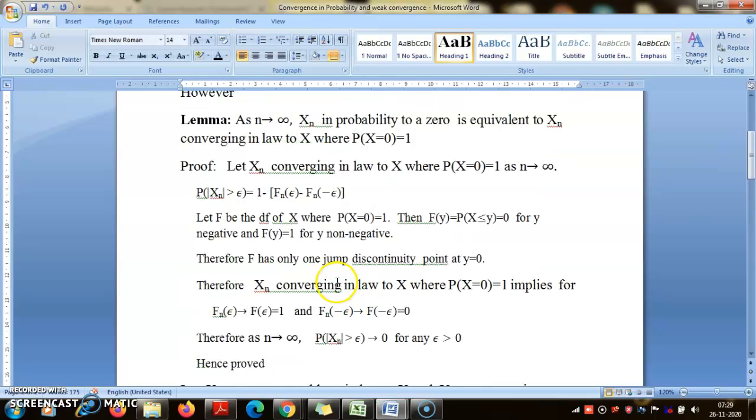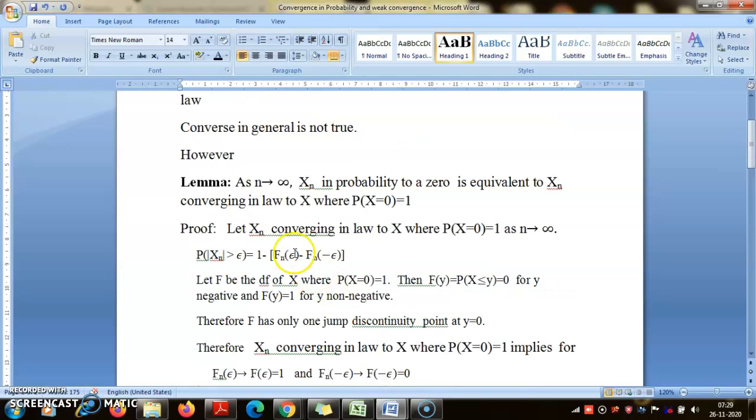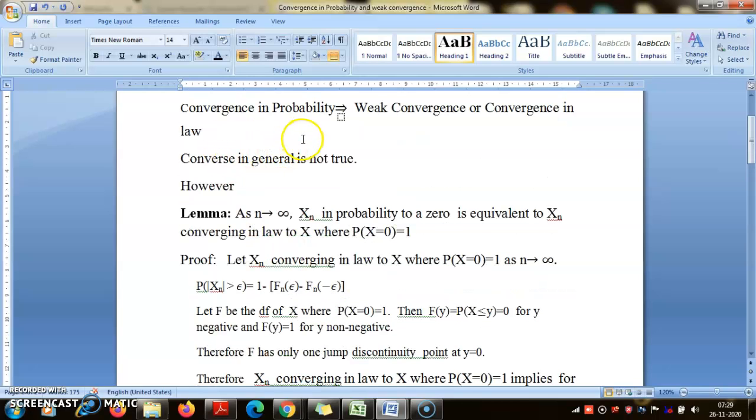So remember this result very carefully: although in general convergence in law does not imply convergence in probability. For instance, we had that example, no? Suppose X is a standard normal random variable, take Xn to be minus X. Then you have weak convergence, because all the Fn will be equal to F, since Xn and X both follow the same standard normal distribution.